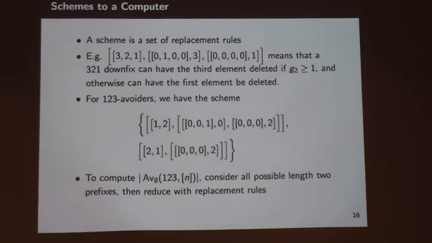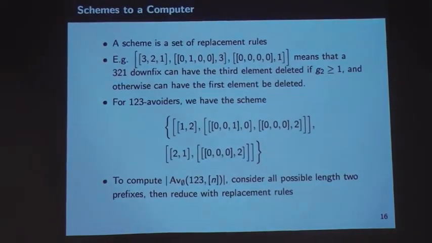All right, so the strategy for your computer is that it's going to compute the size-n avoidance class by considering all possible length 2 prefixes, and then it's going to reduce with the replacement rules that it finds in this scheme. So the idea behind the Maple package that implements this is two procedures. One inputs a set of forbidden subpatterns, like a set containing 1, 2, 3, for instance, and then it either outputs a scheme or it outputs that it couldn't find a scheme.